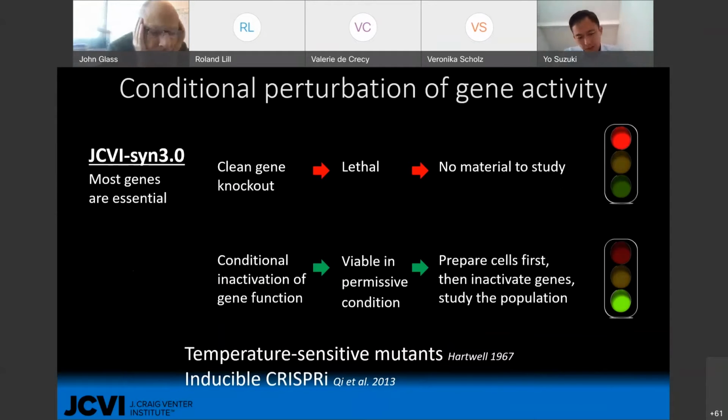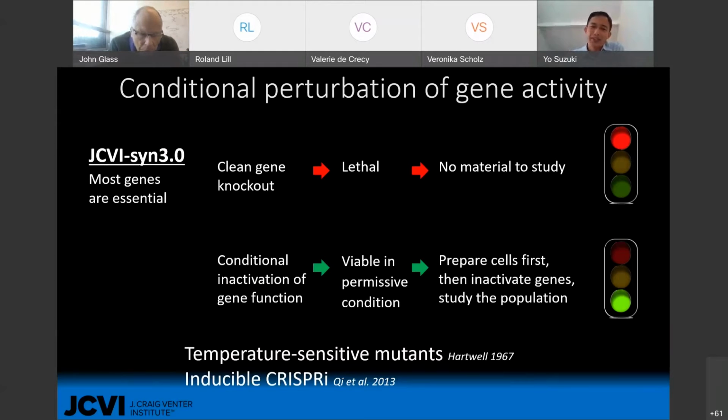So to understand biology, one approach is to inactivate genes and observe phenotypes to characterize the genes. That approach is a little challenging in our cell because a clean knockout will result in lethality for most of the genes, and you have no material to look at.